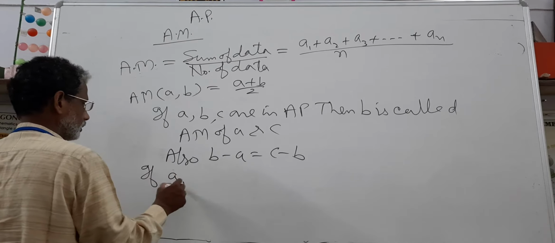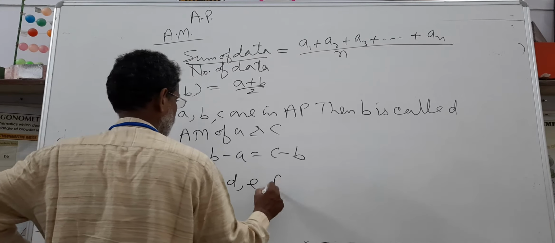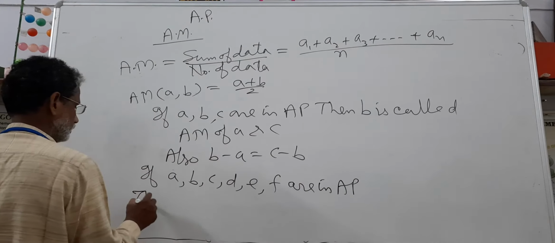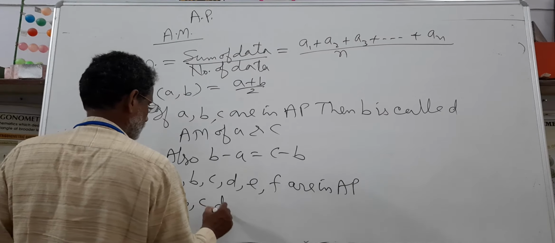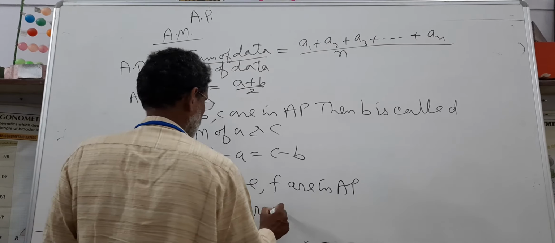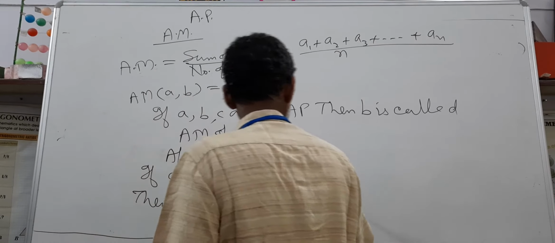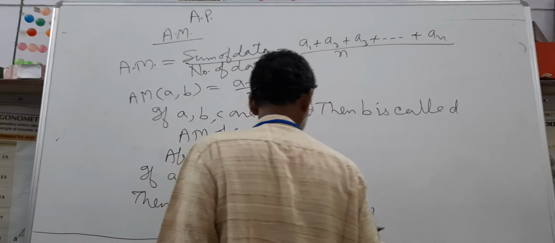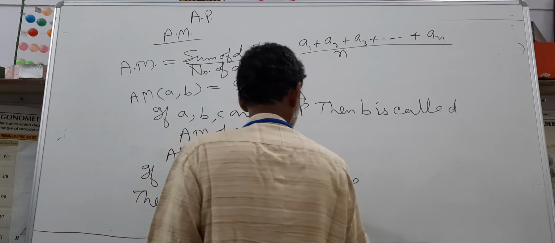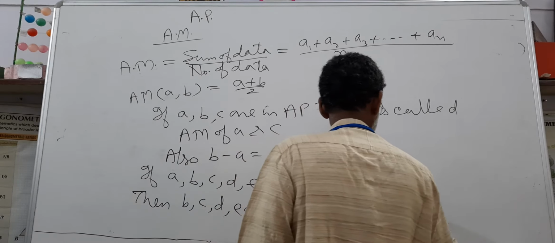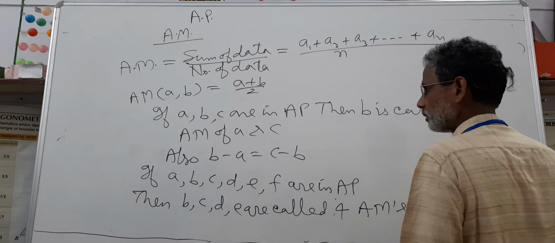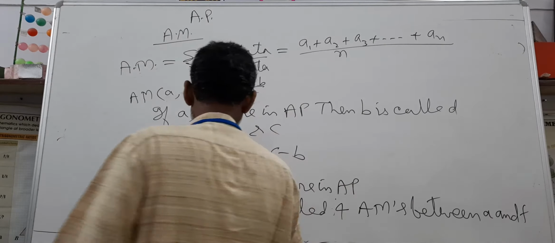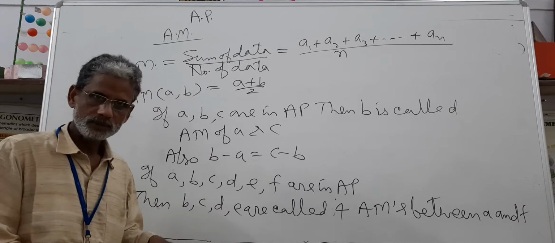If A, B, C, D, E, F are in AP, then B, C, D, E are called 4 AMs, not 3, between A and F. A, B, C, D, E, F are in AP.